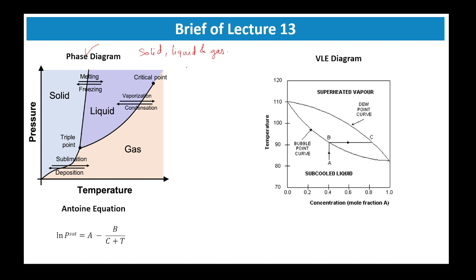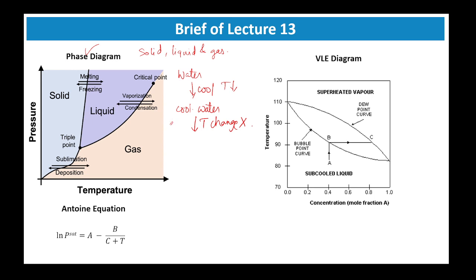Firstly, the water will cool down, so its temperature decreases. Now there will be a certain point where there is no temperature change, and at this point liquid water converts into solid water.